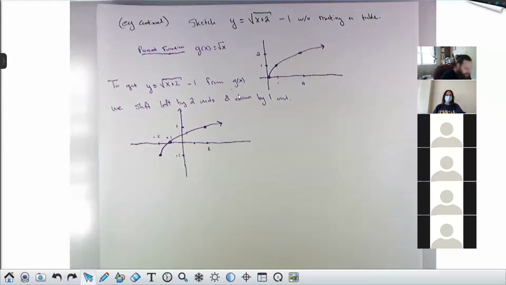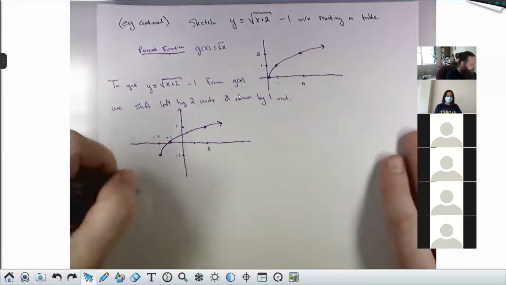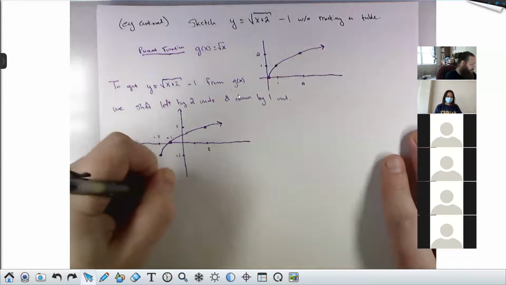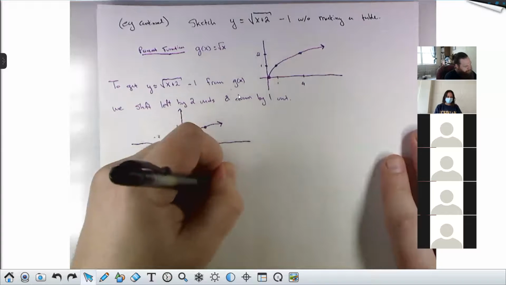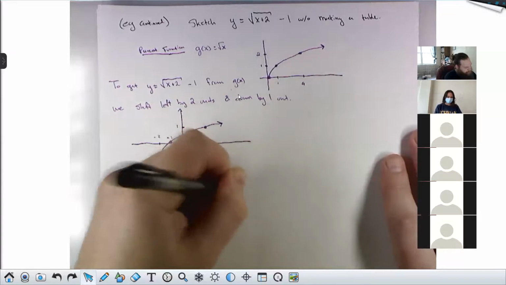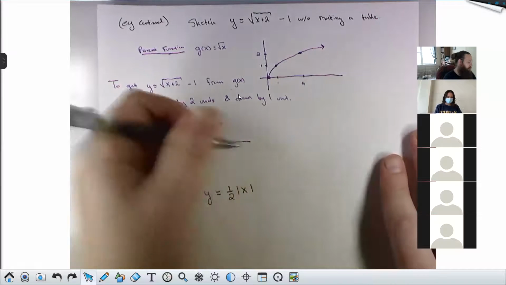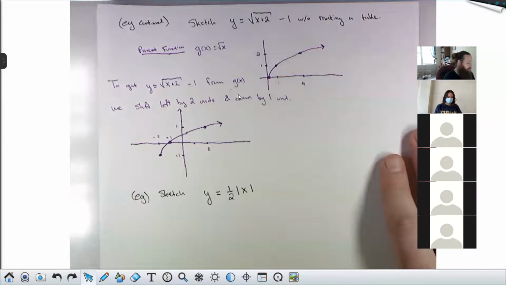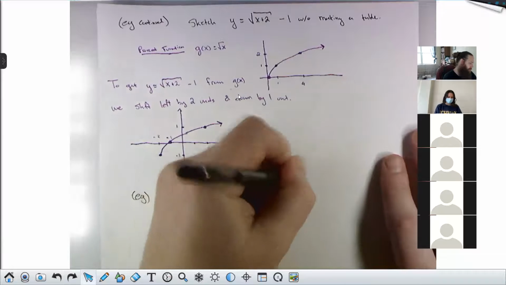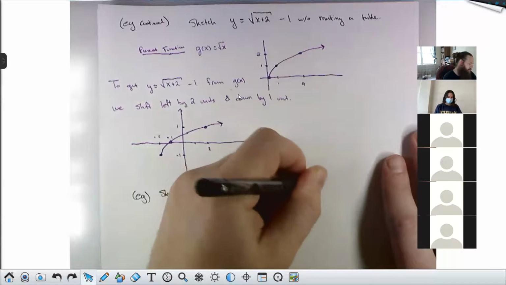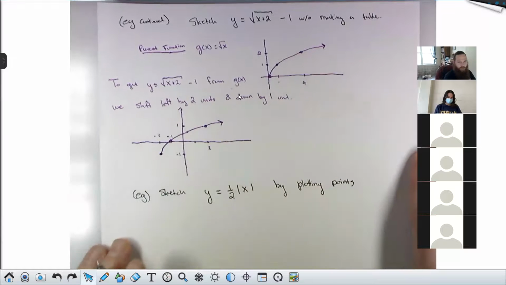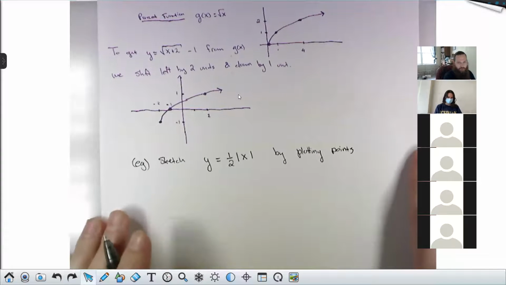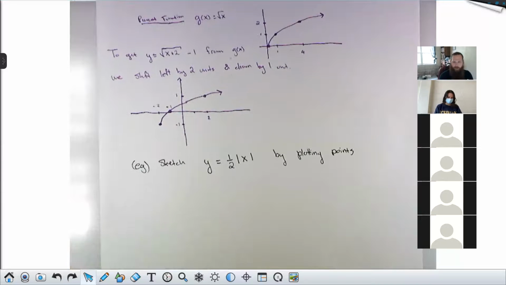Let's use a different parent function again. Okay, I'm going to sketch the graph y equals 1/2 times the absolute value of x by plotting some points.